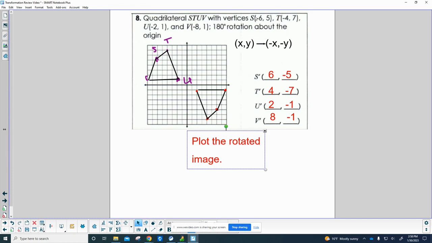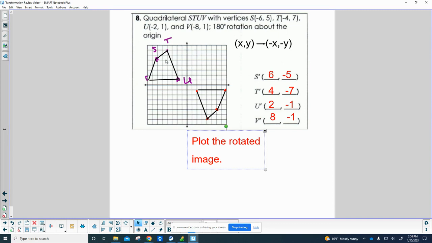All right, on number 8, we have a quadrilateral with these coordinates and a 180-degree rotation. We end up with the same numbers, only they become their opposites. So negative 6 and 5 becomes 6 and negative 5. Negative 4 and 7 becomes 4 and negative 7, and so on.